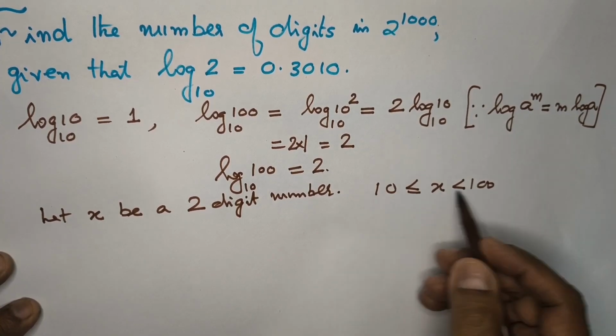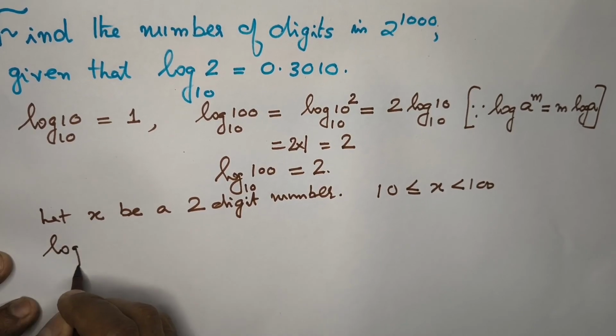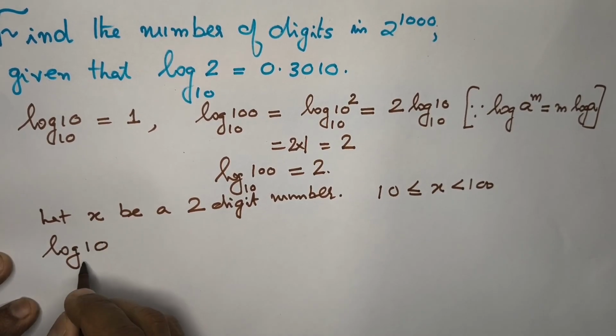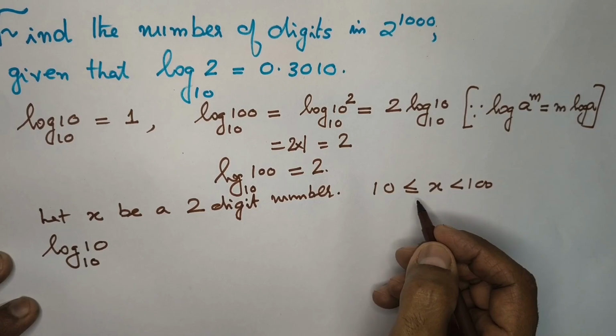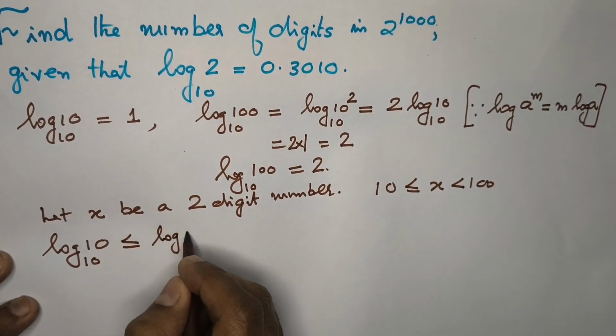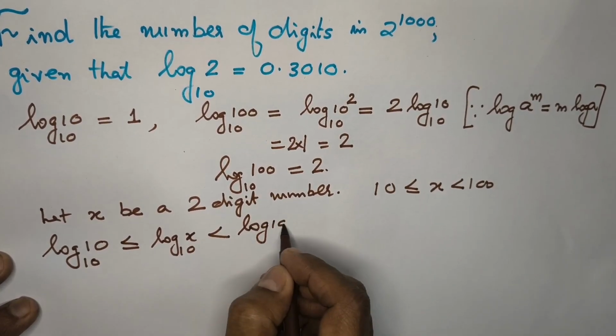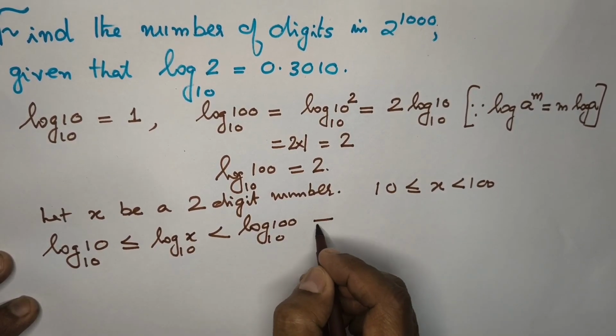Now take logarithm of this inequality. I'm taking logarithm to the base 10. You get log 10 to the base 10, less than or equal to log x to the base 10, less than log 100 to the base 10.